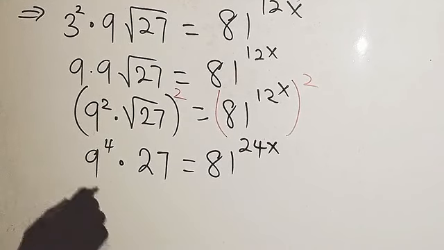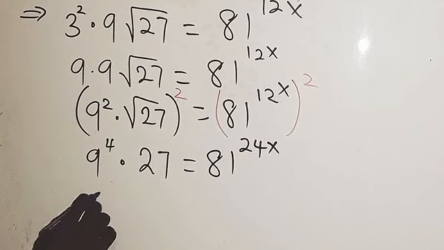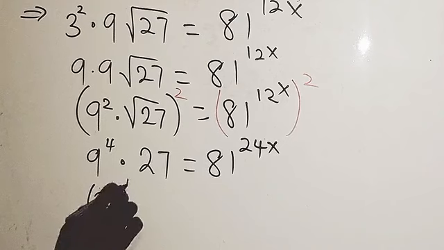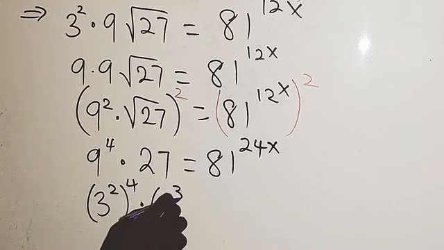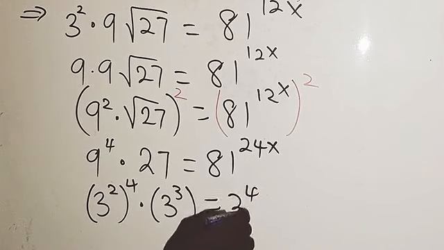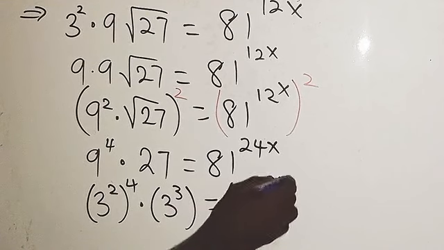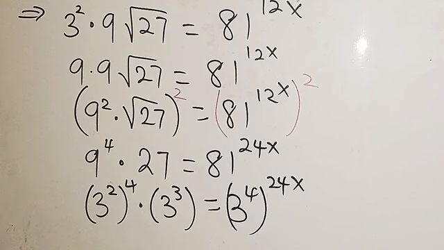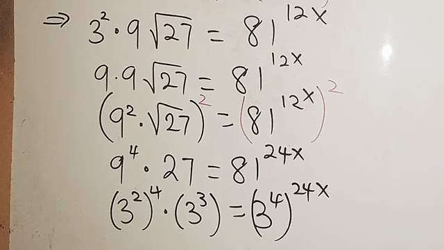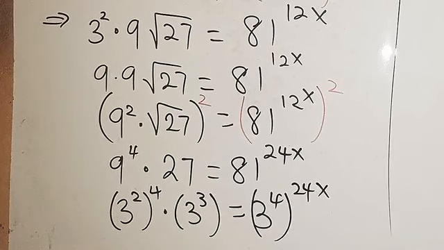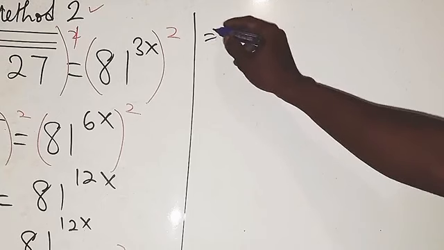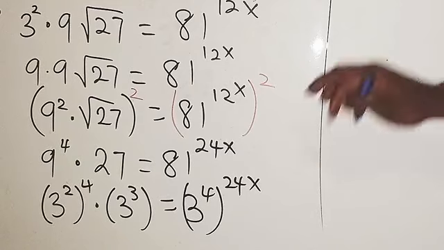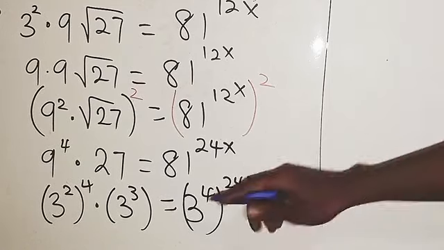So now from there, we have this to be 3 to the power of 2, 4 multiplied by here will be 3 to the power of 3, equal, this will be 3 to the power of 4, then 24x. Are you following? So from there, the next thing we're going to do, we're going to have 3 to the power of 8, 2 times 4 here.